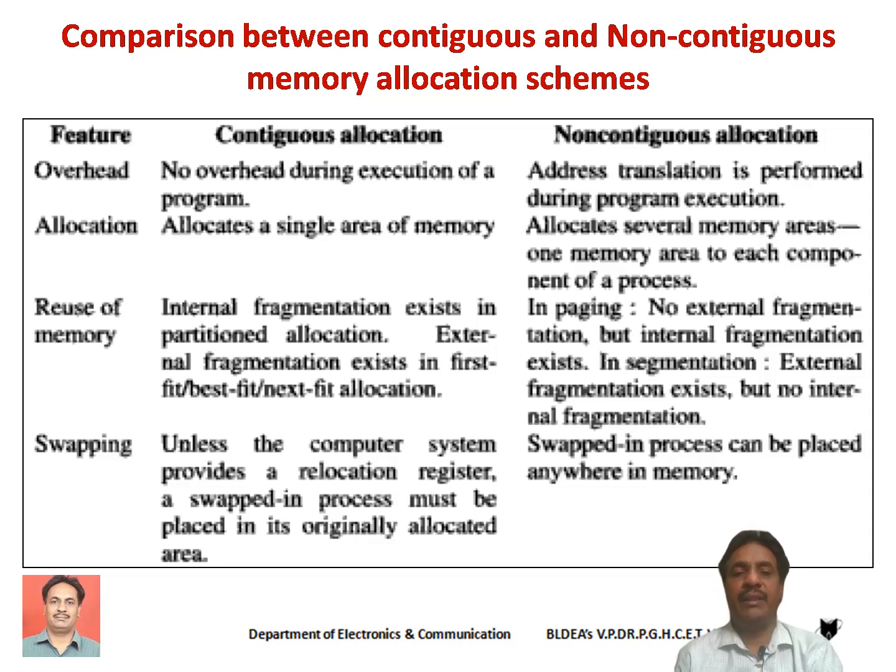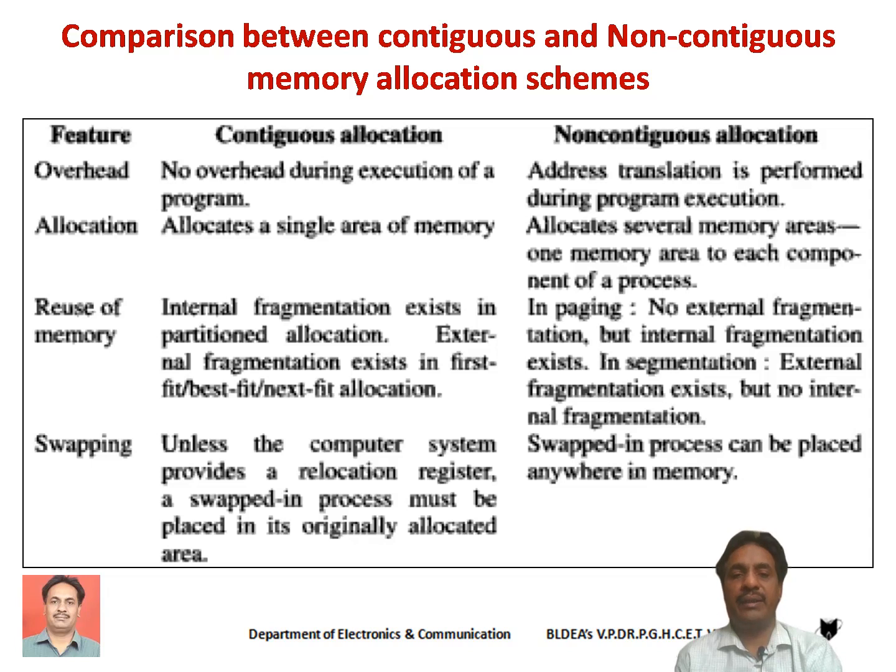Remember, in the case of contiguous allocation, there will be no overhead during execution of the program. However, in the case of non-contiguous allocation, as address translation is required, there will be some overhead. Then with respect to allocation, as we have seen, contiguous allocation allocates a single area of memory.